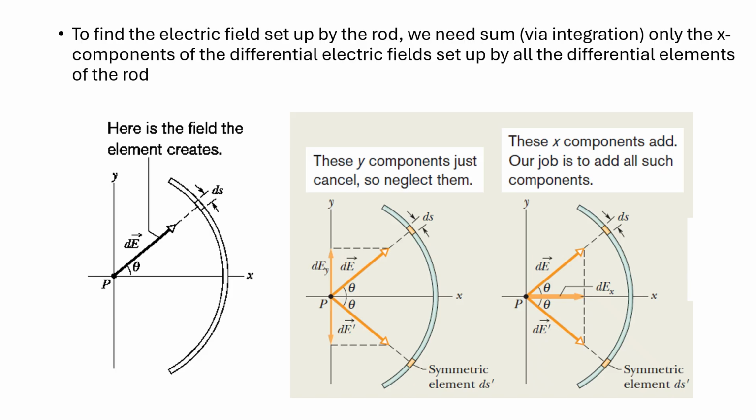So the Ey, which is the summation of the electric field along the y-axis, will become 0. Then we only care about dEx, the electric field component along the x-axis.